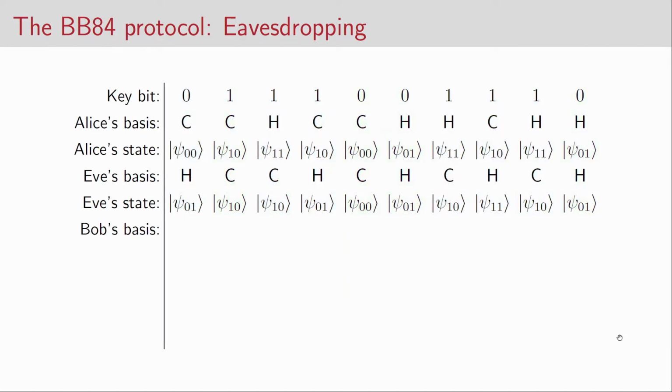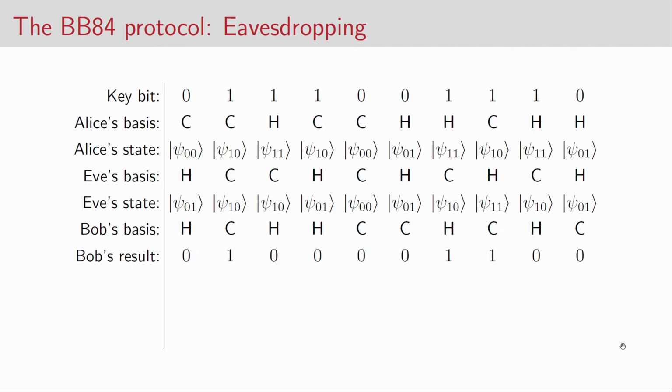Okay, so Bob now receives these states, and he also has to randomly choose a basis to measure them in. This could be, for example, this choice of basis. The result that he gets from this measurement is this one.